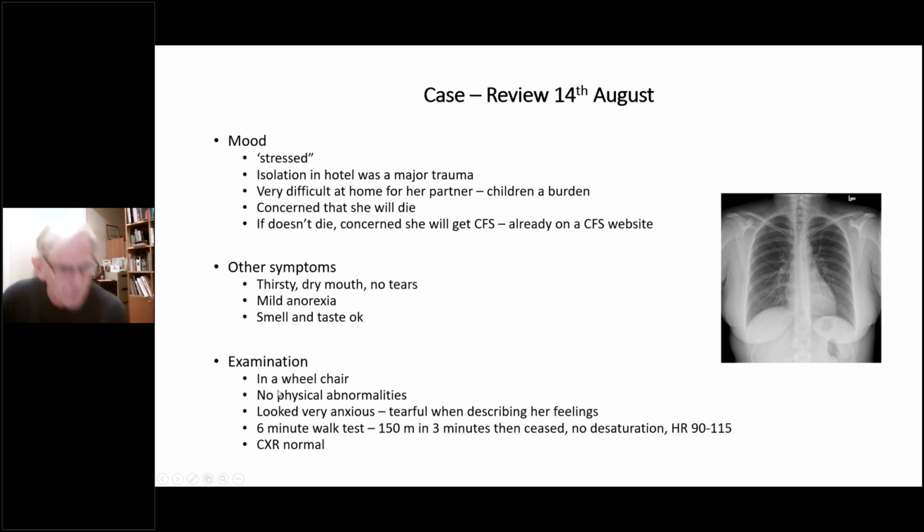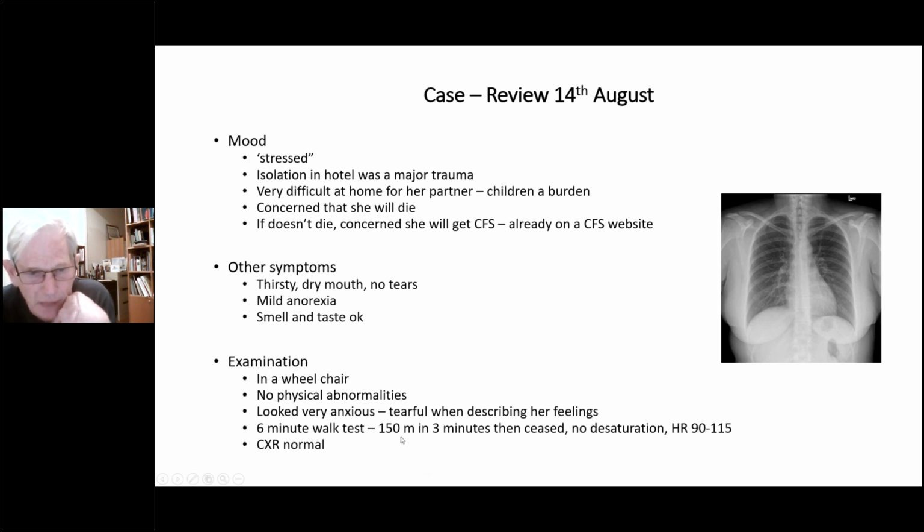On examination, I couldn't find anything specific. She looked very anxious and she was tearful when describing her feelings. And I do a sort of 6-minute walk test as a triage or functional test in this setting, and she was only able to walk for 3 minutes.